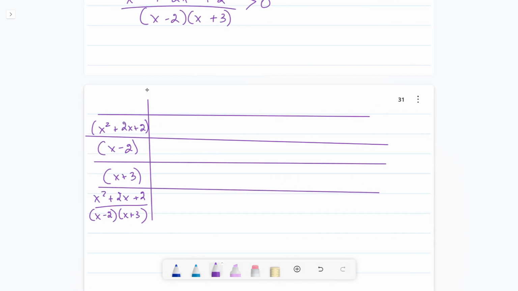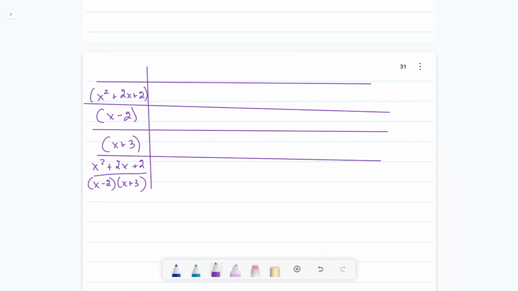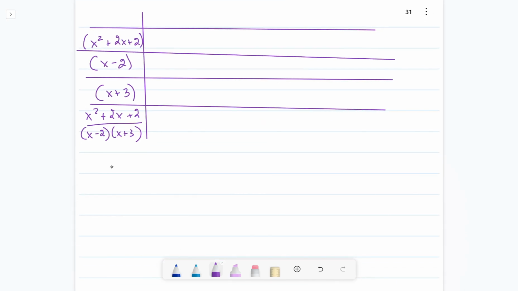Now, if you were wondering what to write at the top of the sign table, the answer to this is to try solving each of these factors equal to 0. So we will try x squared plus 2x plus 2 equals 0. We already said we cannot factor it, so it is never 0.